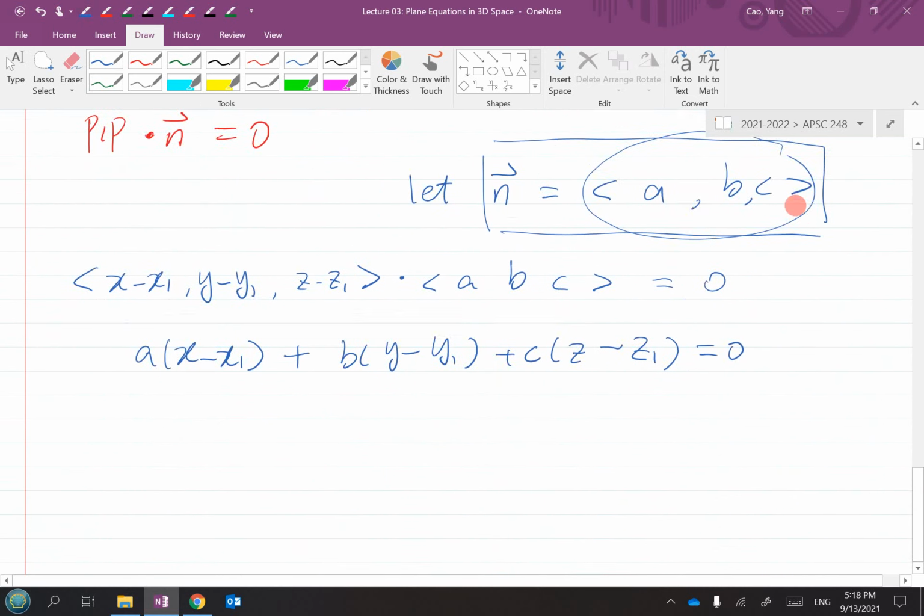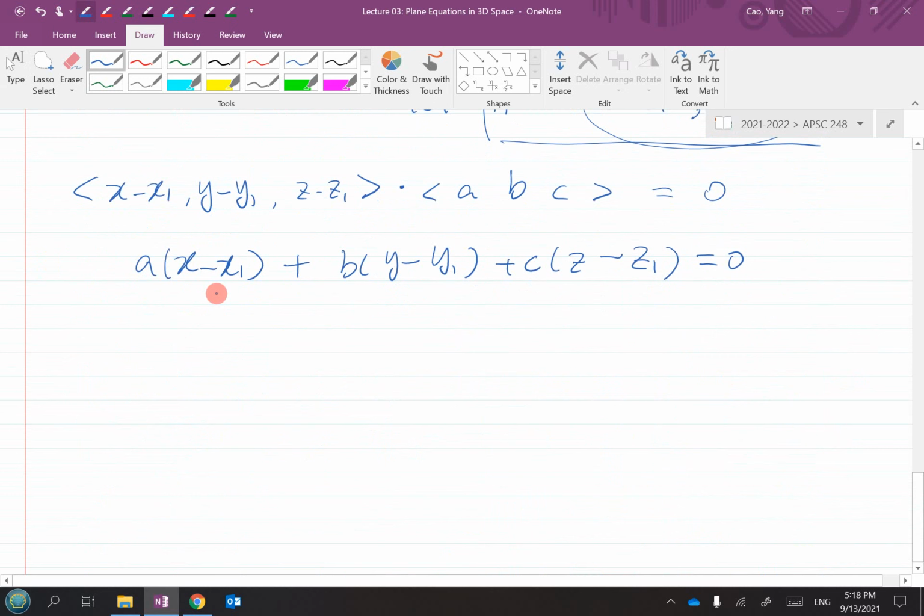Good. So let's get back to this expression now. So now you're very clear that this small letter ABC here represents a general vector perpendicular to the plane. And you also know that this x1, y1, z1 here is a point on the plane. So let me maybe write it down here. This x1, y1, z1 is a point on the plane.